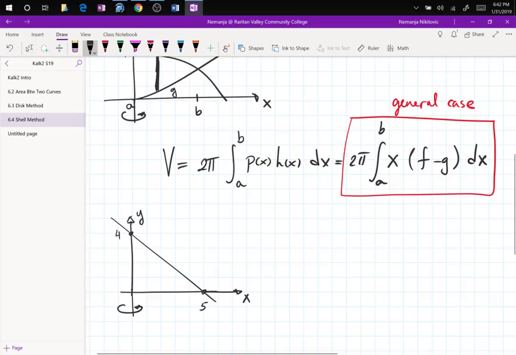So now I need to figure out this function, which is y equals 4/5 x, and it's negative because the function is going downward to the right, and then plus 4 for our y-intercept. So this function is actually y equals 4 minus 4/5 x.